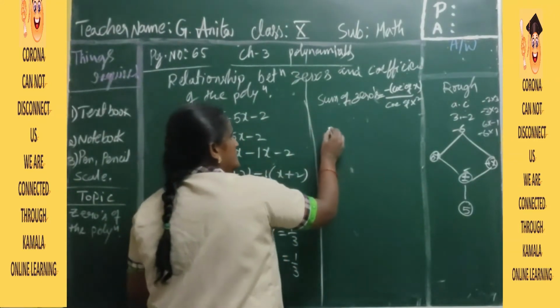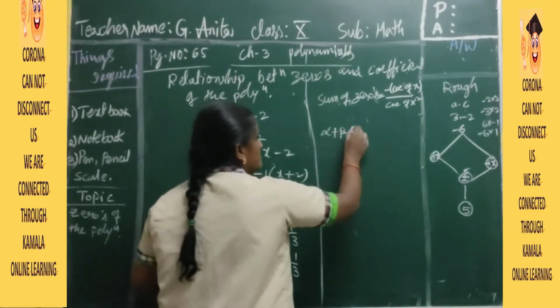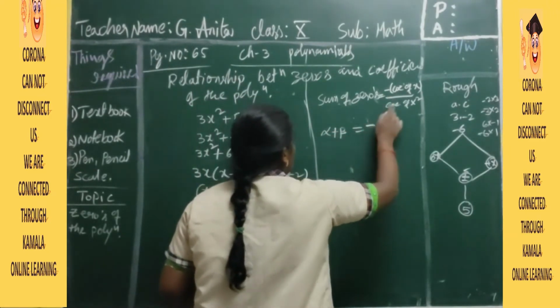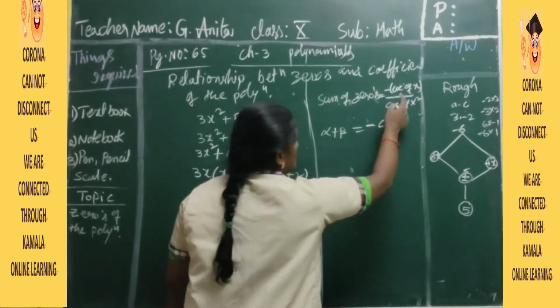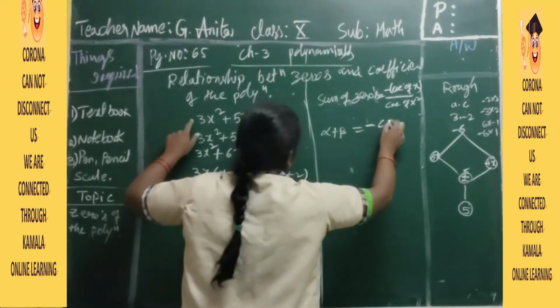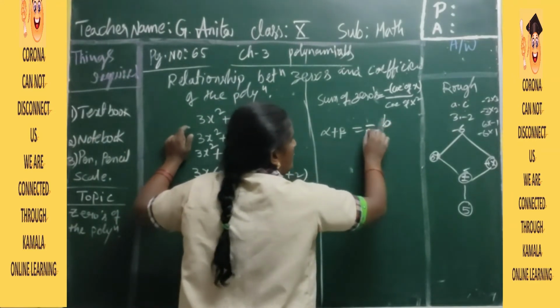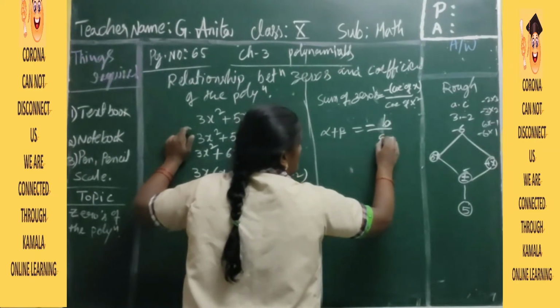Sum of zeros is alpha plus beta, which is equal to minus of coefficient of x. Coefficient of x is nothing but b, by coefficient of x square, a.